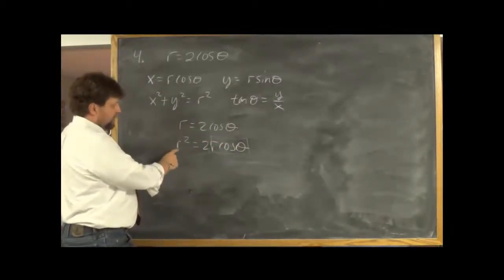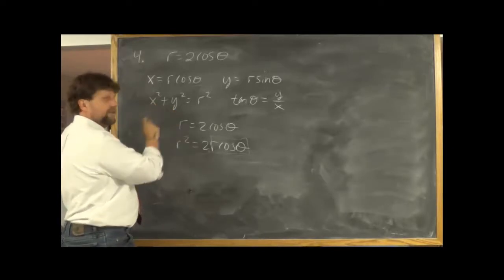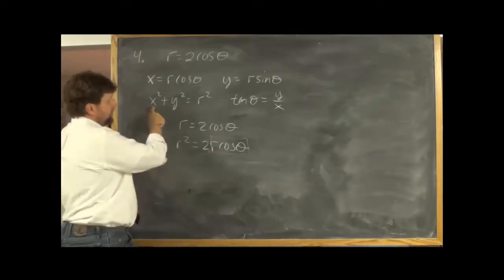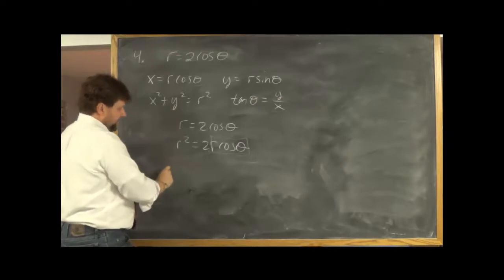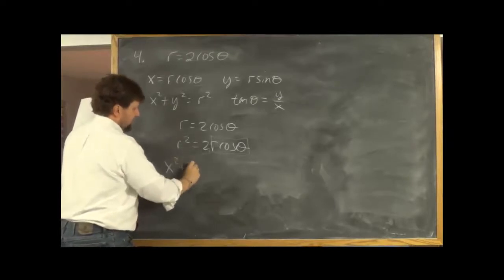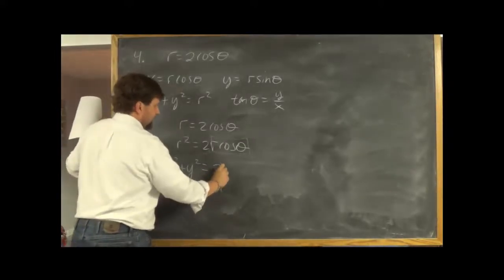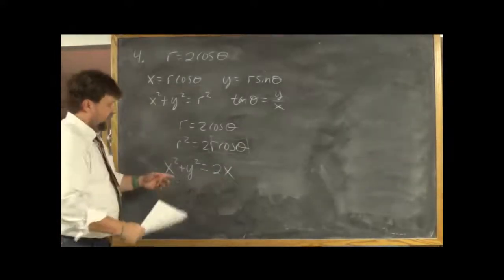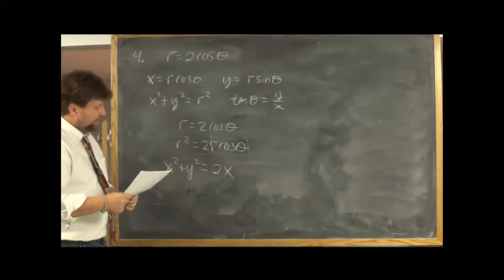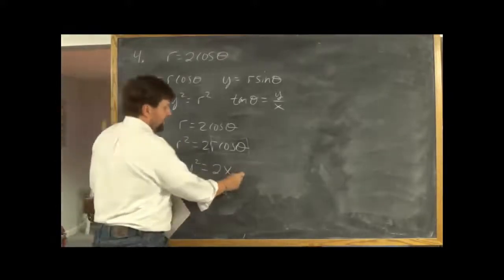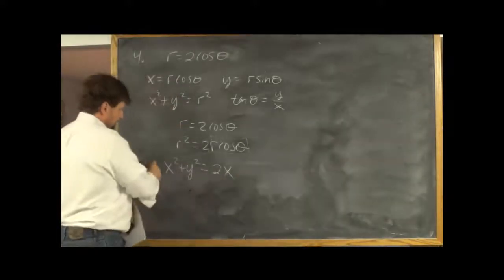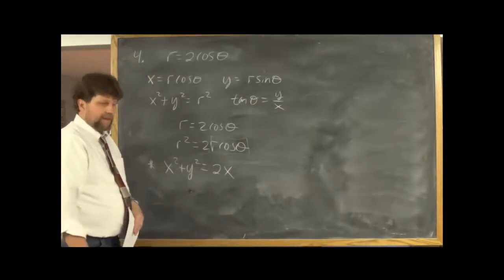r cosine theta, that's x. And heck, look here, r squared, that's x squared plus y squared. So I substitute x squared plus y squared in here for the r squared, and I substitute x for the r cosine theta. And I have a rectangular equation. You could, if you wanted to, by the way, I am fine with that.